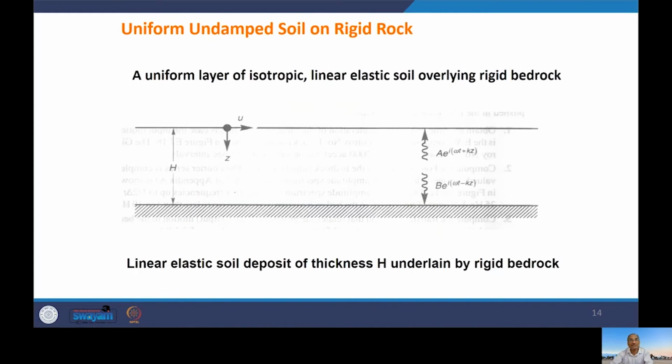First, this is the easiest scenario to make you understand: a uniform undamped soil on rigid rock. A real soil deposit will consist of a number of layers, but for the time being we are considering only a single layer on the top of a bedrock, and assuming that the properties of this layer are constant throughout, that means it is basically a homogeneous medium.